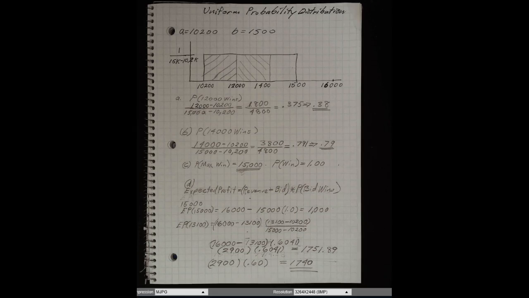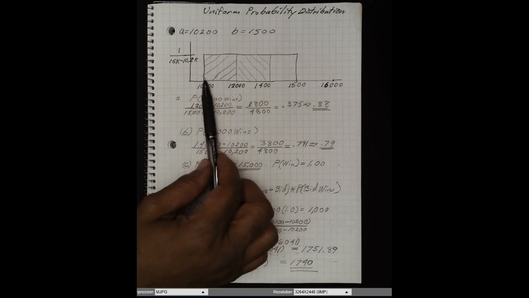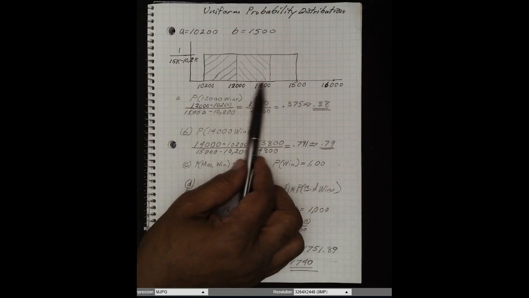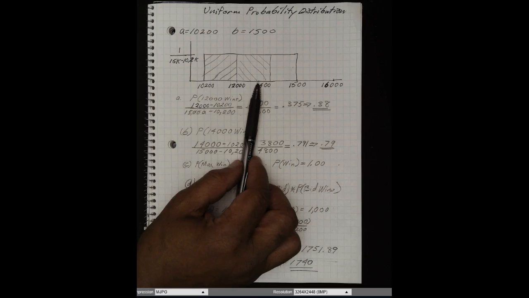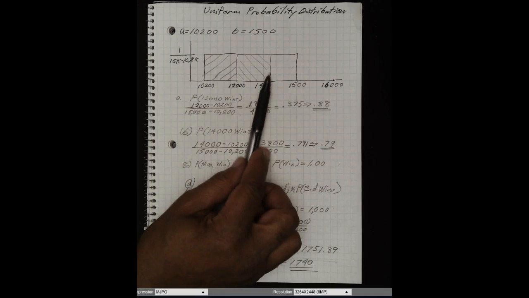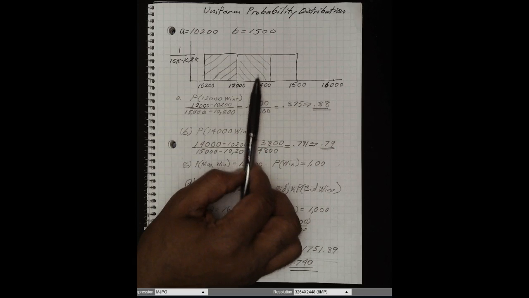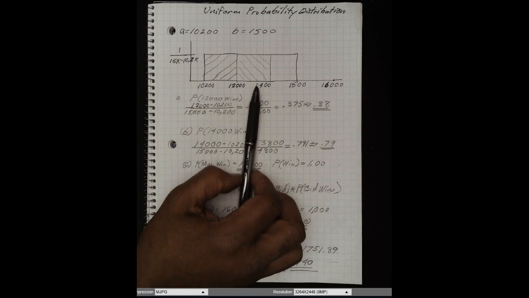So really the whole point of the uniform probability distribution is to introduce the idea that the probability is the area under the curve for whatever the probability distribution happens to be. And they think this uniform probability distribution is the best way to demonstrate that problem. So they tell you that, again, because it's nice and neat rectangular, we all know how to calculate the area of a rectangle.